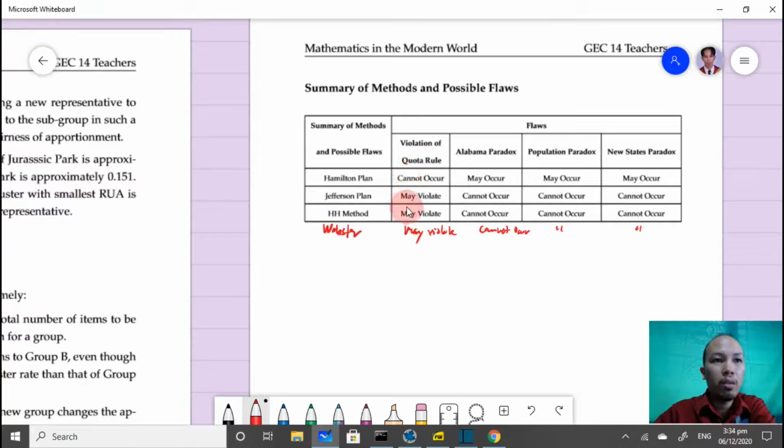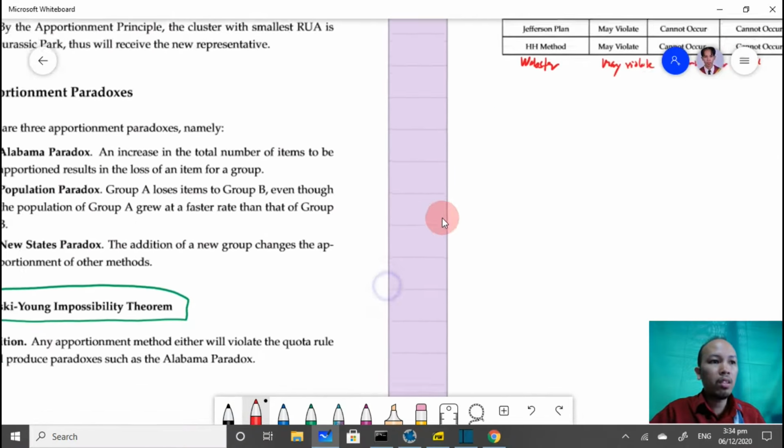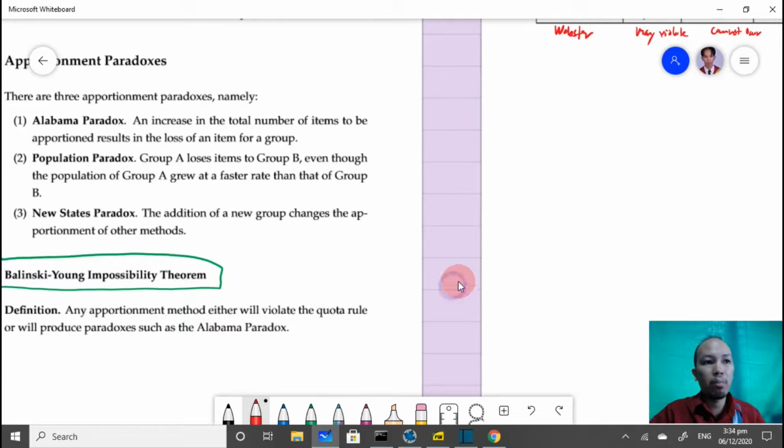But for the quota rule, only the Hamilton cannot violate, but Jefferson, Webster, and Huntington-Hill will violate the quota rule. So just remember, the Balinski-Young impossibility theorem says that there's no perfect apportionment method.